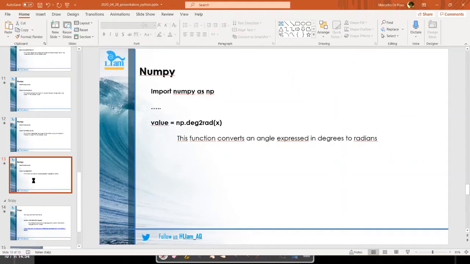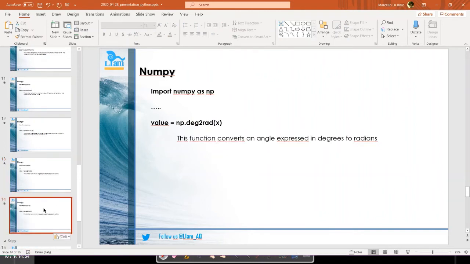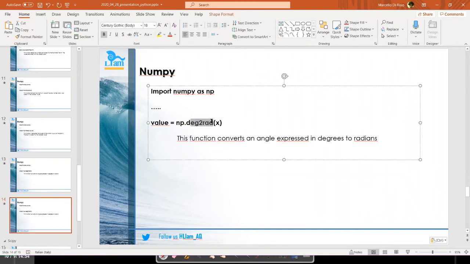So we can copy also this one, and we have another function that is called rad to deg. This function converts an angle expressed in radians to degrees. Okay?